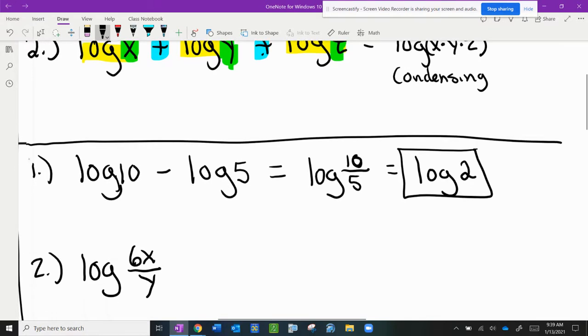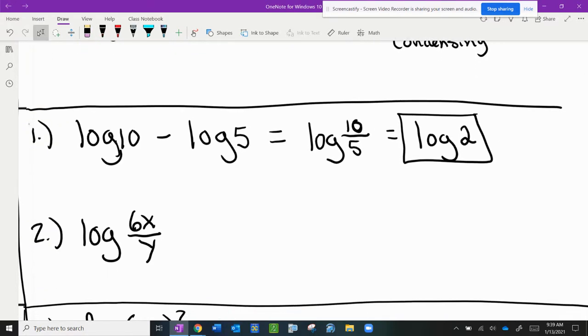And number 2 would be expanding. So notice I can take my log base 10, can take the top, that would be the numerator, write it first, then my subtraction sign, and then the denominator. Now notice on this one, if I wanted to keep going further, the first log also has multiplication.